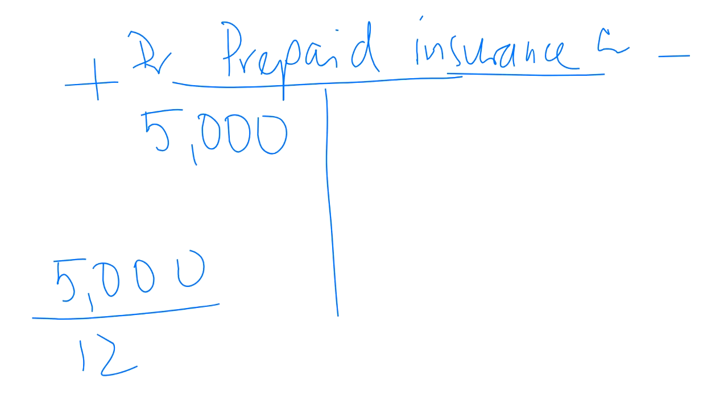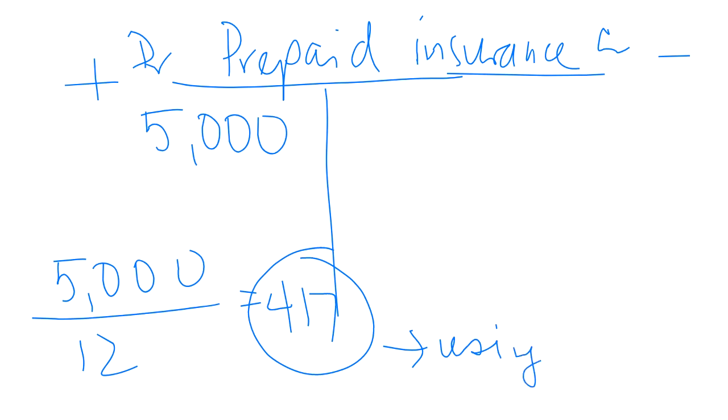So every month, 5,000 divided by 12 is about $417 a month. So every month the company will be using $417 worth of insurance, and for 12 months I'll be taking away until there is nothing more. Like Lisa said and Dave said earlier, once we consume, once we exhaust what's in the prepaid expense account, we are done and we're left with an ending balance of 0.